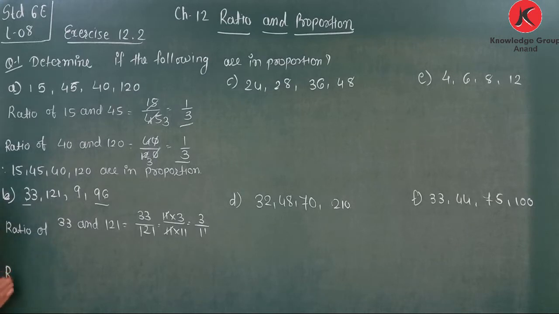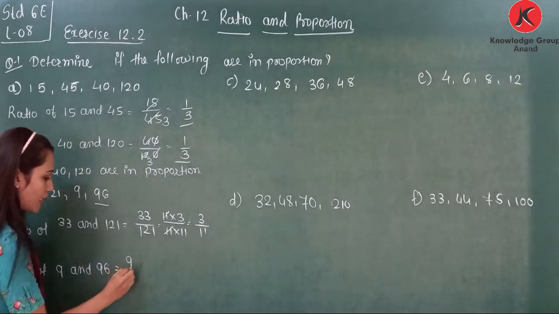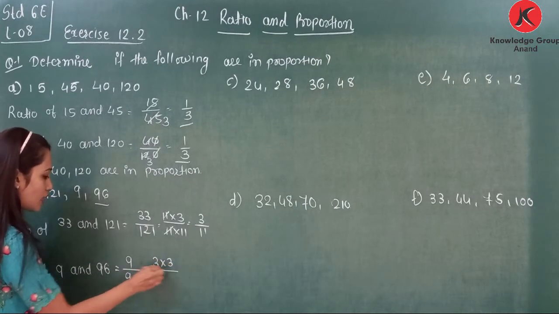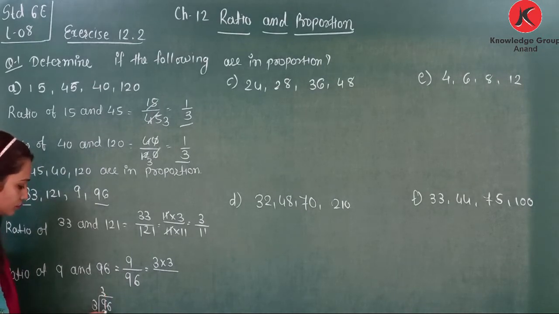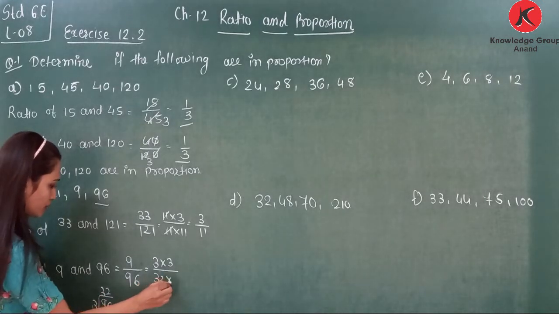Now for the next one, the ratio of 9 and 96. Let's find 9 divided by 96. If you factorize this, 3 threes are 9. Factorize 96: 32 multiplied by 3.